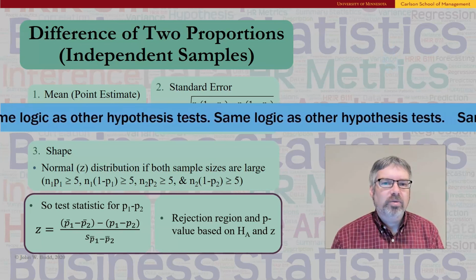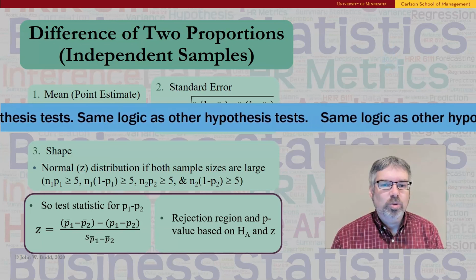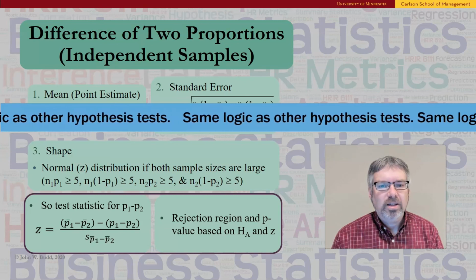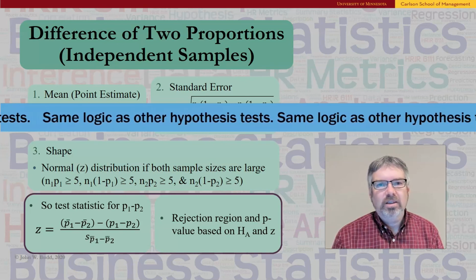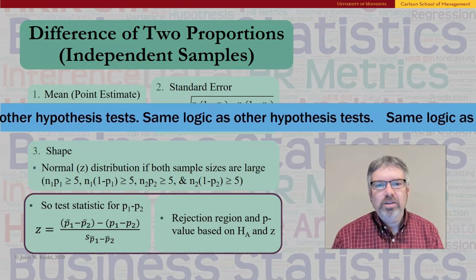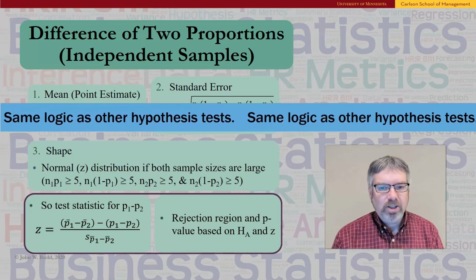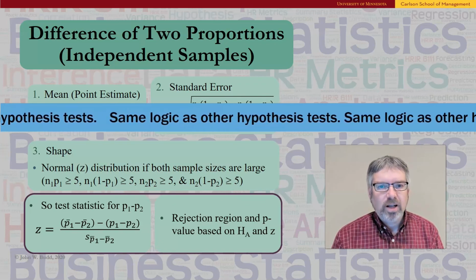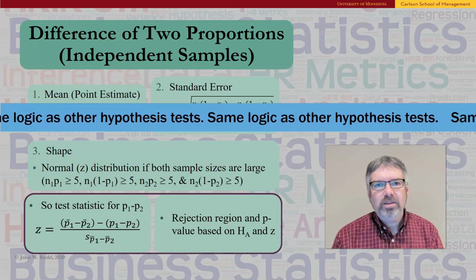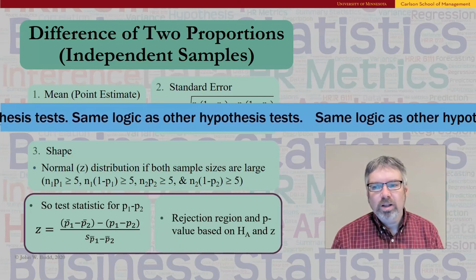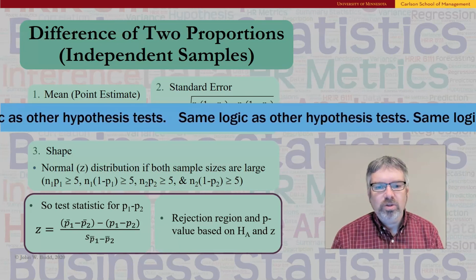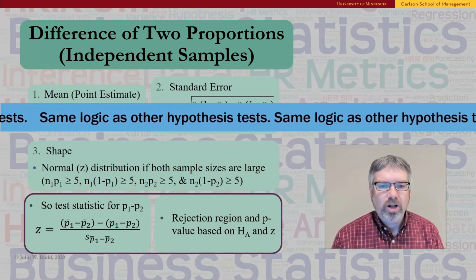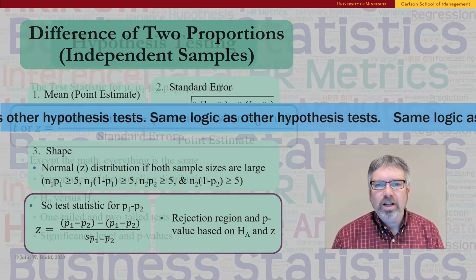Testing hypotheses for the differences in two proportions follows exactly the same logic as testing hypotheses in difference of two means, and in fact the same logic as testing hypotheses about single means, single proportions, as well as regression coefficients. So don't let the calculation details throw you off. Really focus on the logic.